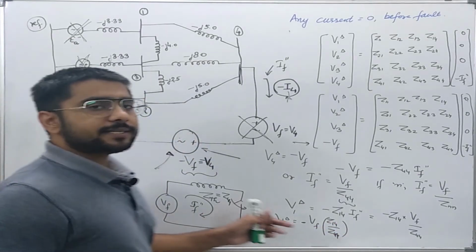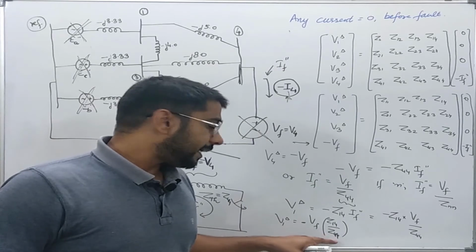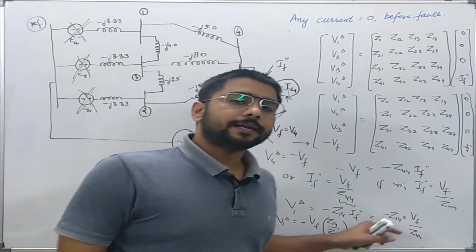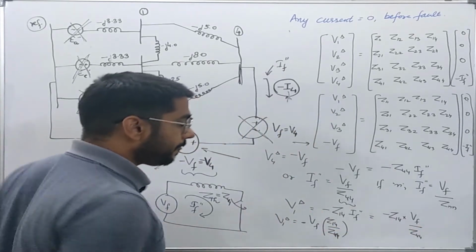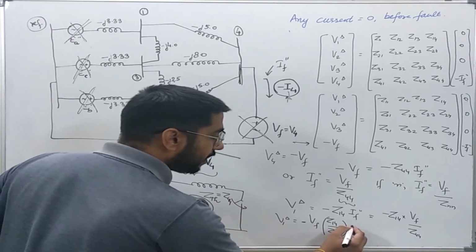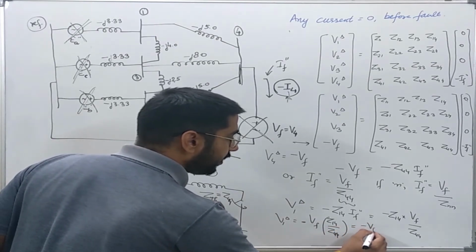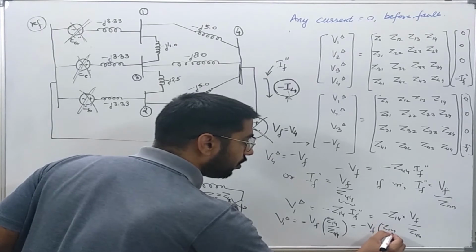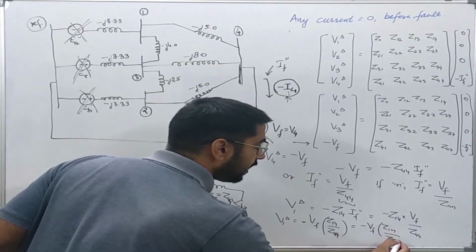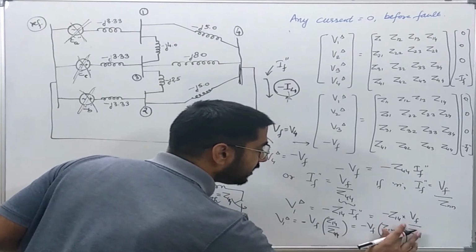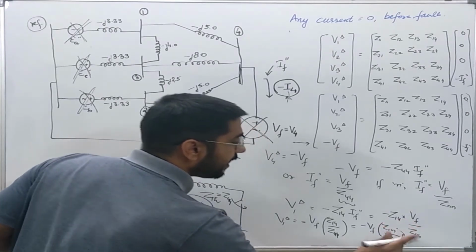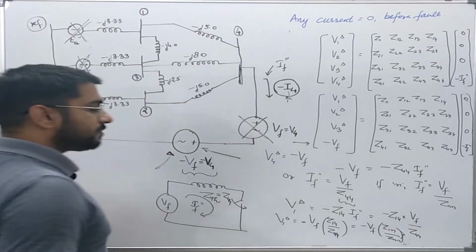Now to generalize, if the fault is at bus N, I change 4 to N. It is equal to minus of Vf Z1N over ZNN, where these represent the elements of the bus impedance matrix.